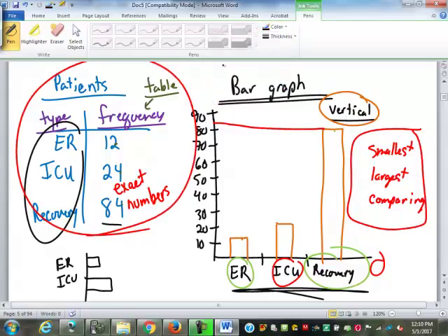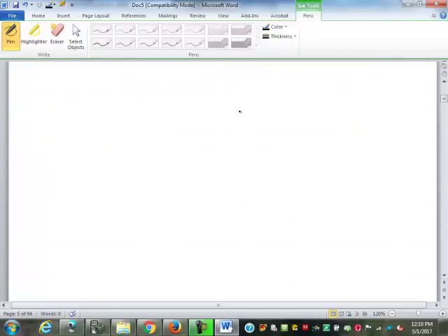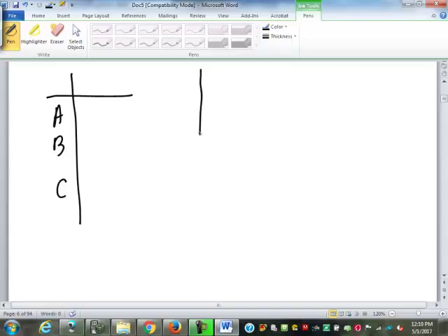Now, something with bar graphs that I should make you aware of. Let's say I have a list of, I'm just going to list 3 hospitals, A, B, and C. And before I fill in their frequencies, I'm going to construct the graph.